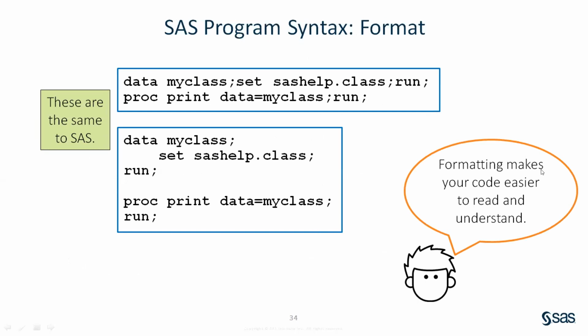Okay, so SAS syntax format. It's telling that formatting makes your code easier to read and understand. What it's trying to tell you is that you can write multiple statements in a single line of your program. So see, this data step is starting here and ending in the single line where you have run. The same goes with proc also. But this is the correct way of presenting your code, because it's easy to understand.